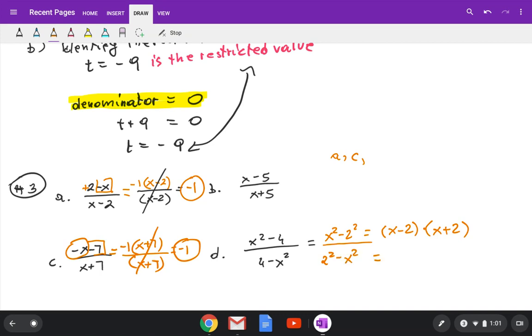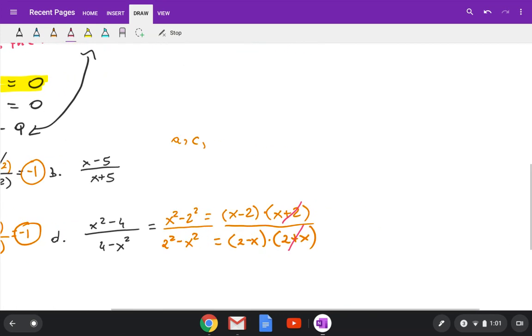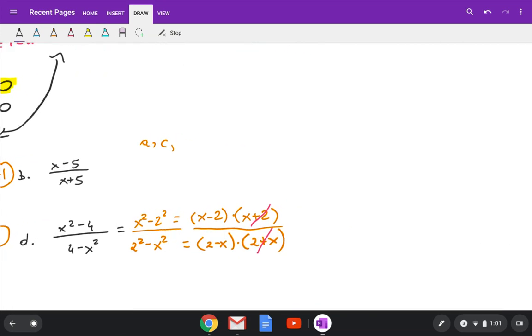So you can factor this, and that will give you 2 minus x times 2 plus x. So look what happened. 2 plus x is the same as x plus 2. That will cancel. So let's start simplifying this one. So we end up with x minus 2 over 2 minus x.